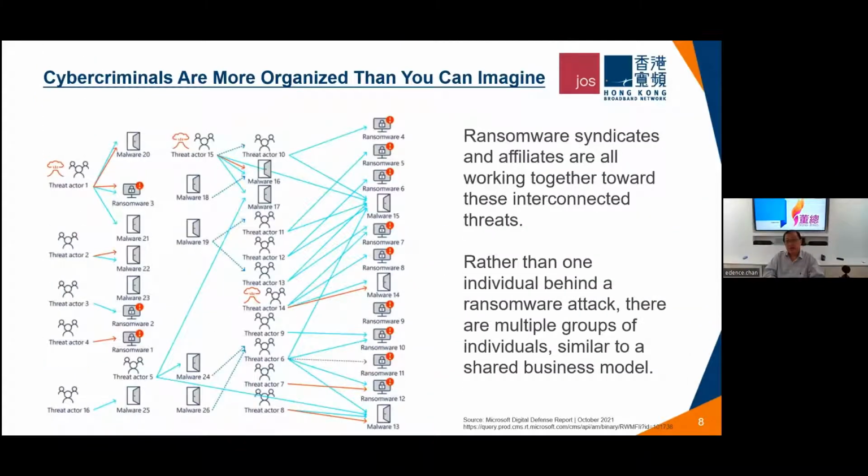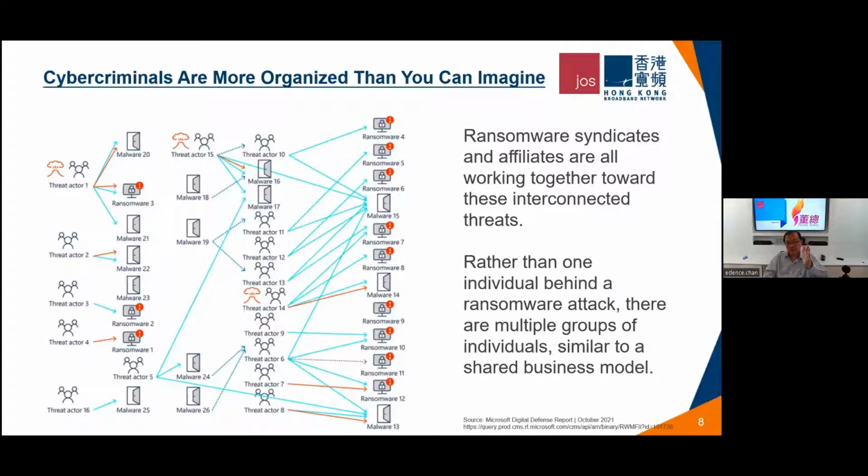Okay, this one I want to bring up: most people think that cyber criminals are a silo or lone attacker. It is different. These cyber criminals are organized crime. They are so organized, even more organized than MLM. If you look at it, they have their threat actors, the people who do the reconnaissance to identify the victims.